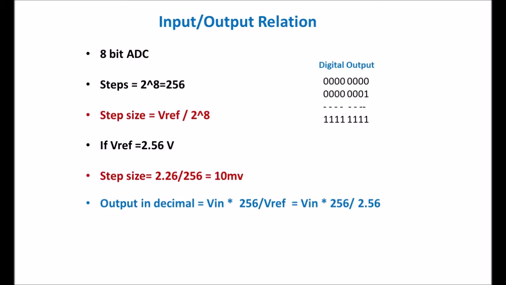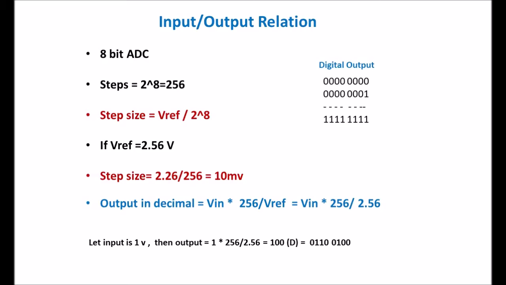So let us consider an example. Let the analog input voltage applied be 1 volt. Then from this formula the output will be 1 into 256 divided by 2.56. So the decimal output is 100, and we'll get a digital output in binary form like this: 0110 0100.